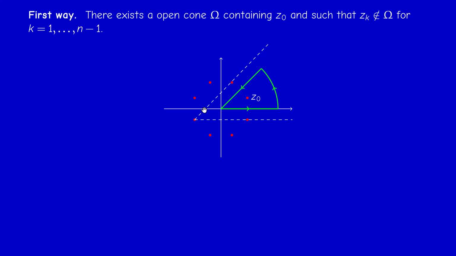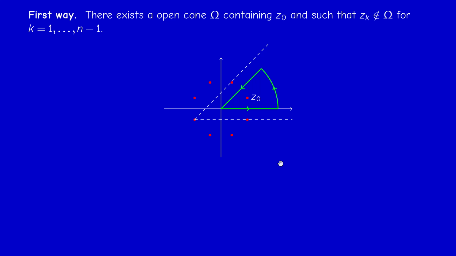It's not necessary to find an explicit formula for these lines, but it's enough to draw a picture like this. So now I understand that you are working in this cone, which contains the loop, and f is holomorphic in this cone, because the other singularities are at the boundary. Of course, if you like, you can take a smaller one, not containing them at the boundary.